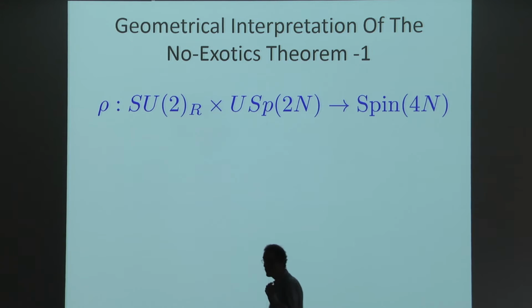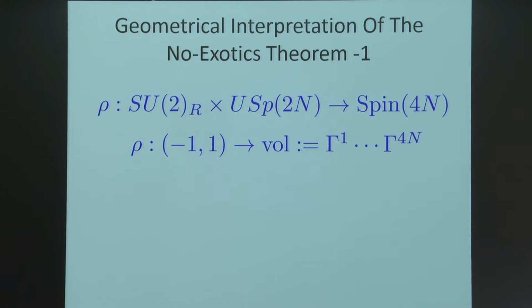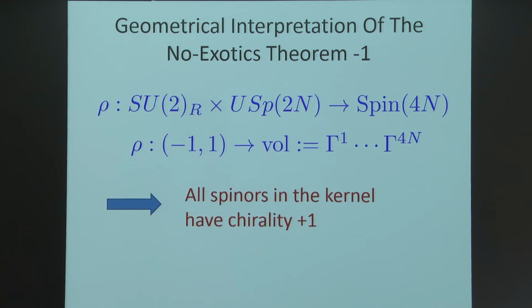Well, you see, when you lift the SU(2)_R to the spin bundle, then SU(2)_R times USp(2) maps into Spin(4n), and that mapping is such that the element -1 in this group here goes over to what's called the Clifford volume form in math, or the chirality operator in physics. You might ask me how that's oriented. It's oriented by the natural complex structure orientation on the moduli space.